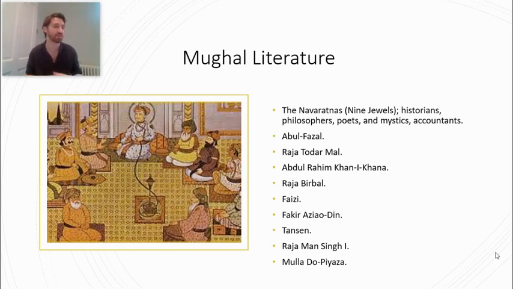There are historians who write biographies and autobiographies. There are philosophers, poets, mystics, and accountants, and they all meet and talk and exchange ideas and publish works and distribute those works throughout India and beyond. And there is a search for knowledge that defines the Mughal Empire under Akbar.